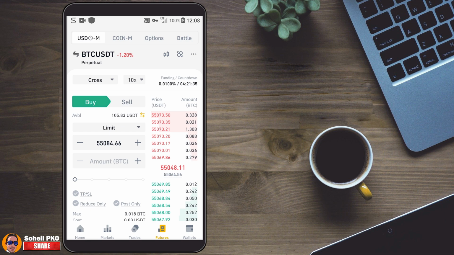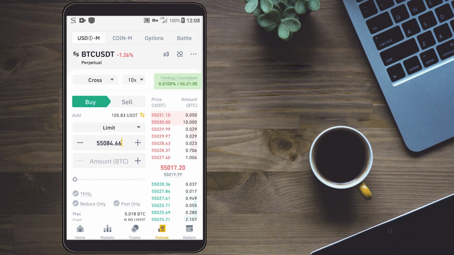And I mentioned earlier in this video that I will make a comprehensive tutorial focusing only on margin trading on Binance on both the spot market and futures market, and I will explain every detail related to margin trading that you must know. So don't worry about margin trading if you don't fully understand it yet.